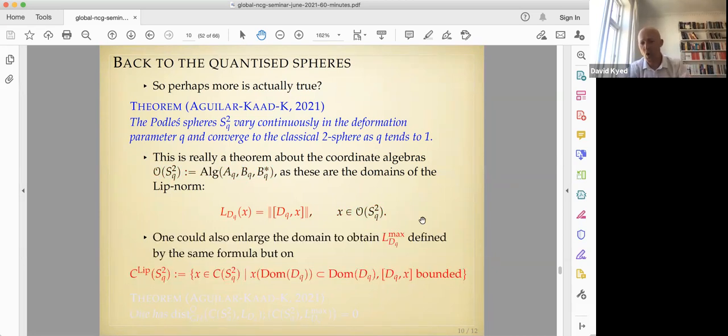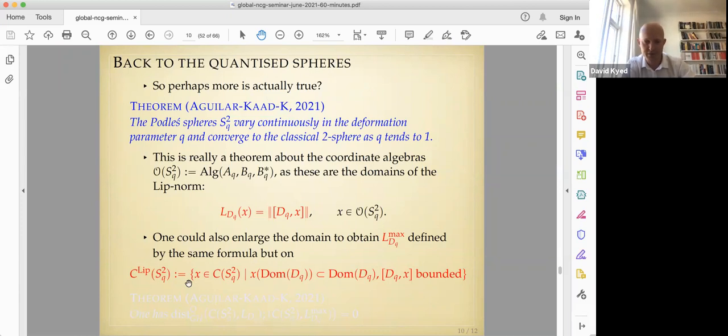You can look at all possible elements in the C-star algebra for which this formula makes sense. So you can look at all possible elements which preserve the domain of the Dirac operator and for which the commutator extends boundedly so that this is a finite number. And this is a reasonable objection. So this corresponds to looking at the Lipschitz functions on a classical manifold.